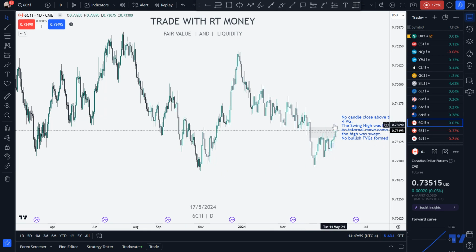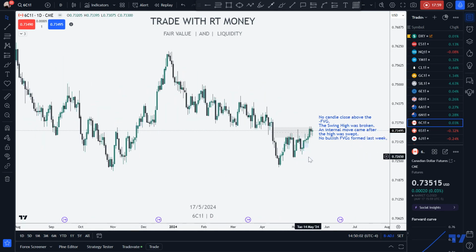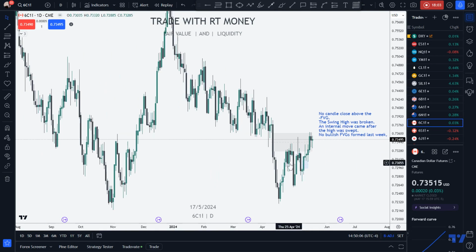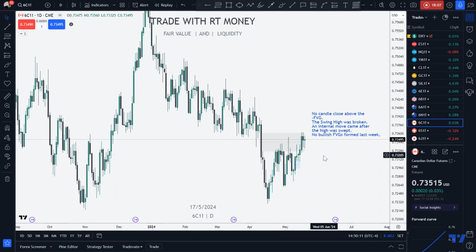I'm watching this very closely, because this could turn out to be a pretty bullish situation. But because I am looking at a weaker US dollar, I'm tentatively bearish on this one.